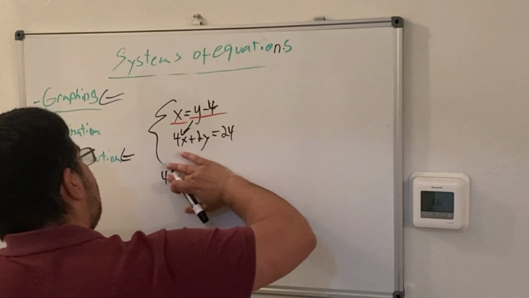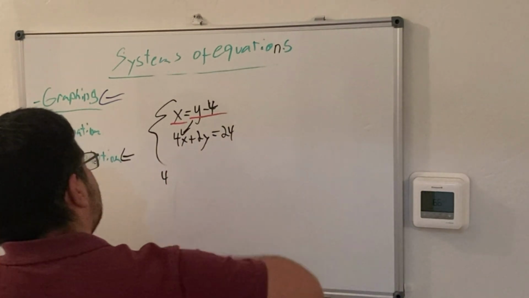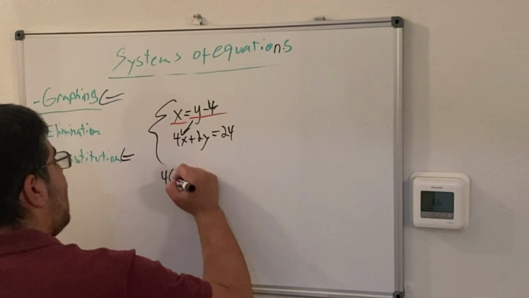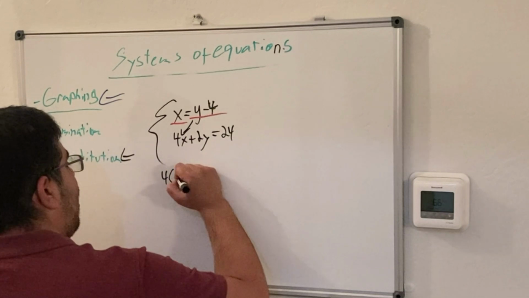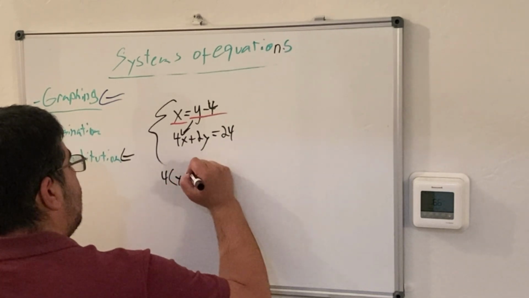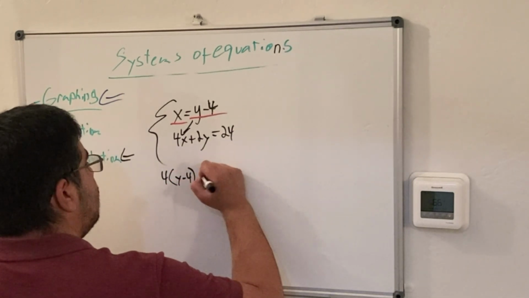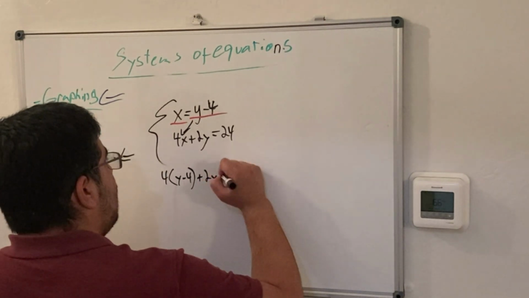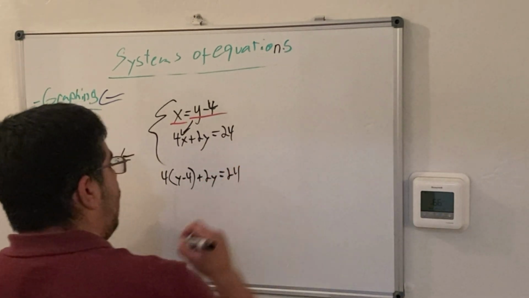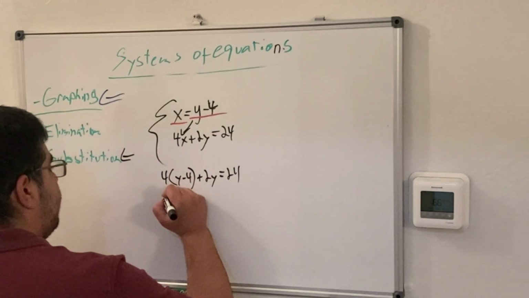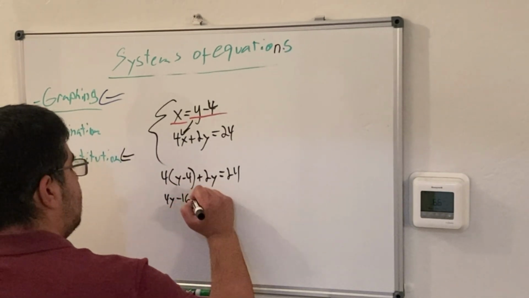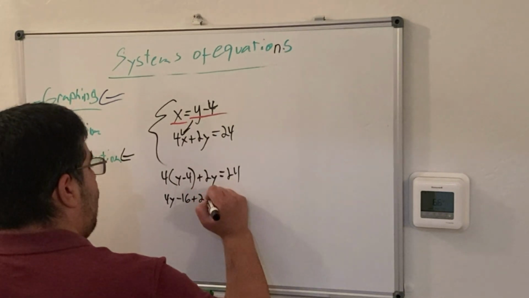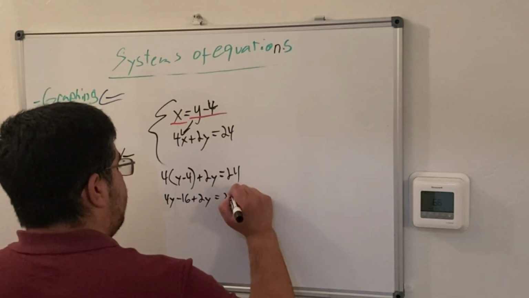We're plugging in for x, so it's not going to be 4x anymore. It'll be 4 times what used to be x, which is now y minus 4, plus 2y equals 24. Distribute it: 4y minus 16 plus 2y equals 24.